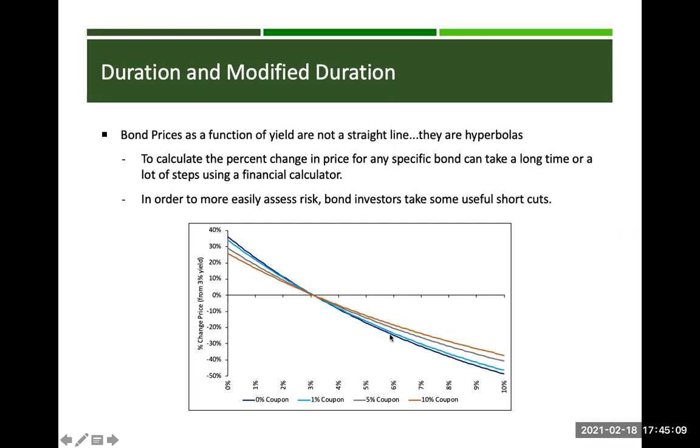More accurately, it's the slope of these curves, which is percent change in price evaluated at different yields. So for the 3% point, it's the different slopes, because these all have slightly different slopes. The dark blue line being the 0% coupon, the orange line being the 10% coupon.